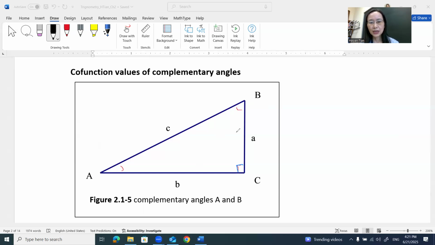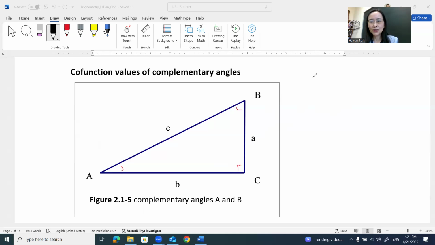And lowercase letters a, b, c: this a is the side opposite the angle A, the lowercase b is the side opposite the angle B, and the lowercase c is the hypotenuse opposite the 90-degree angle. So that's just a notation, for each capital letter and each lowercase letter.